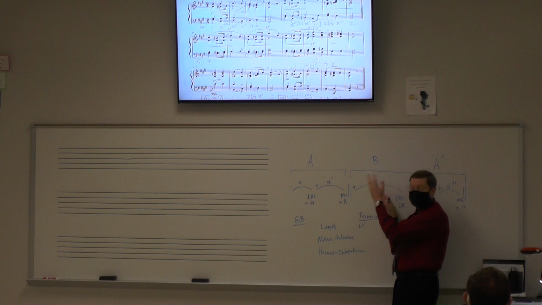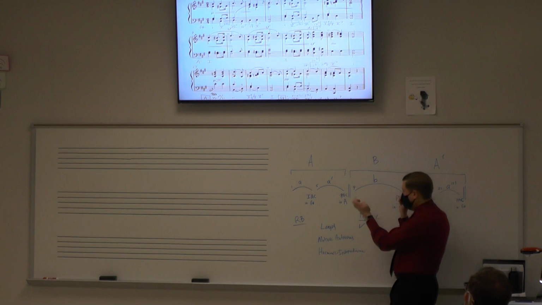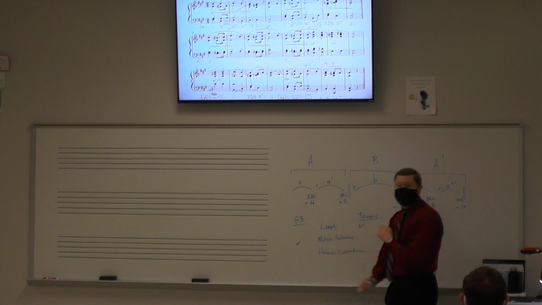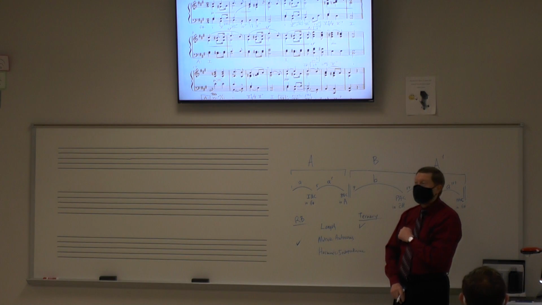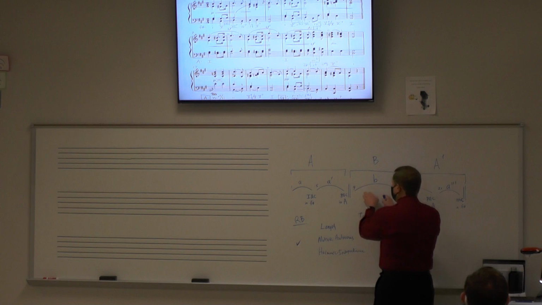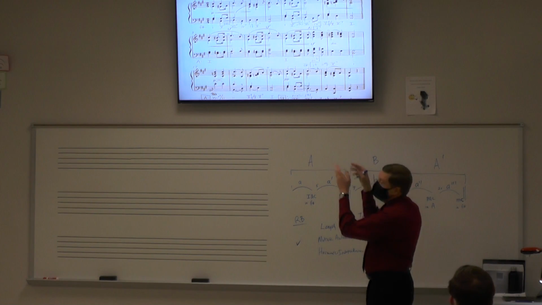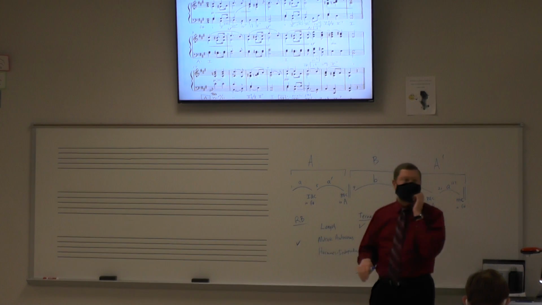You see where I get to see the relationship? So motivic autonomy-wise, I'm going to say that's a check for rounded binary, because the music here is not completely different. I can see there are motives, fragments that are related to what came before in the capital A section.